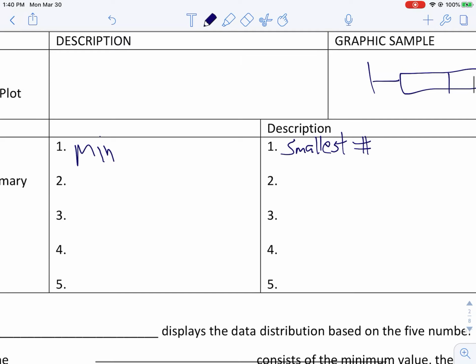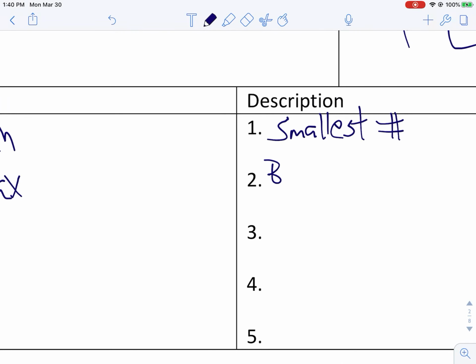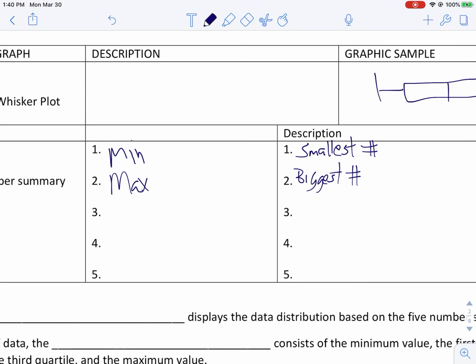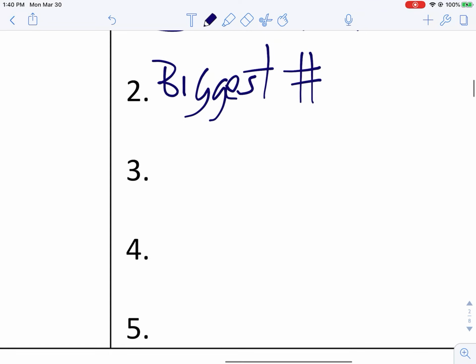You have your max. Obviously, that is your biggest number. I have my median. That is my middle value.